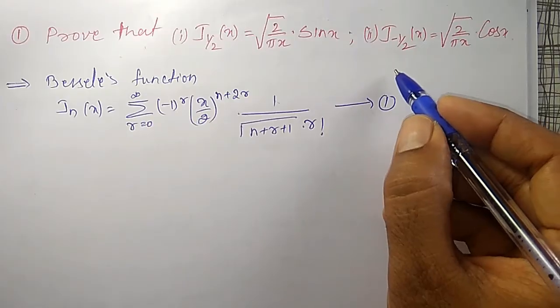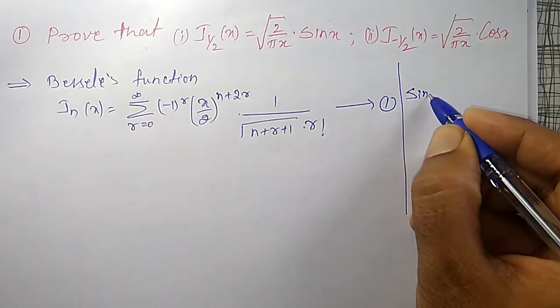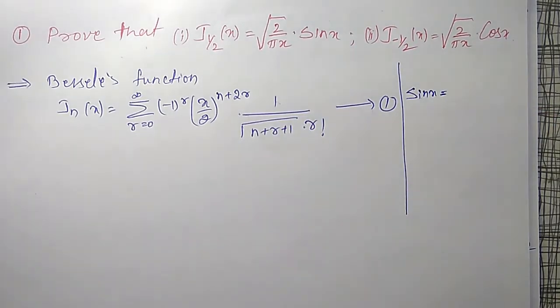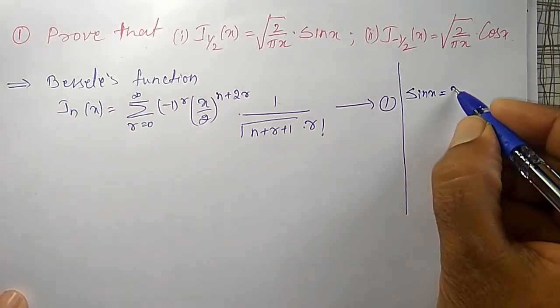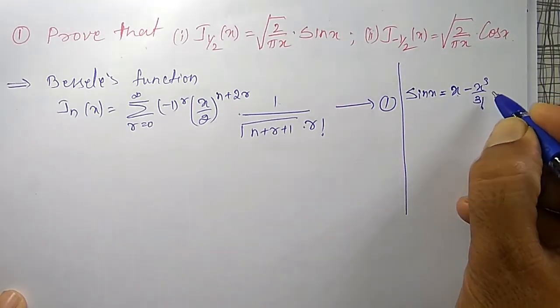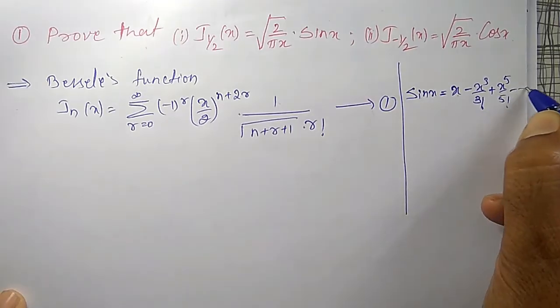Then what is the series for sin x? That I will explain here first. For sin x, I have the odd powers of x and alternate plus and minus signs. That is x minus x cube divided by 3 factorial plus x raised to 5 by 5 factorial minus and so on.